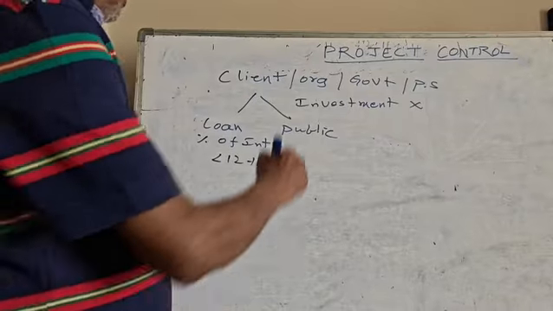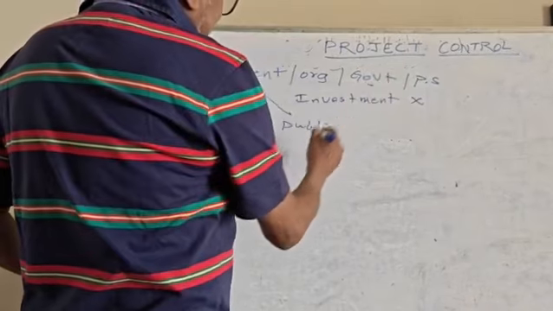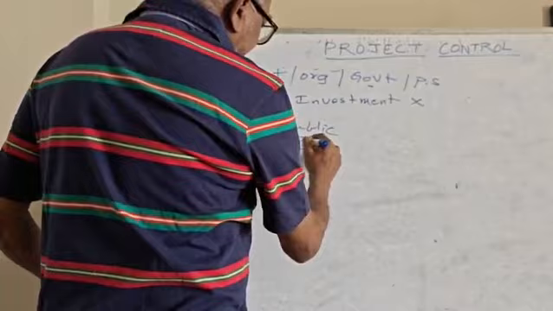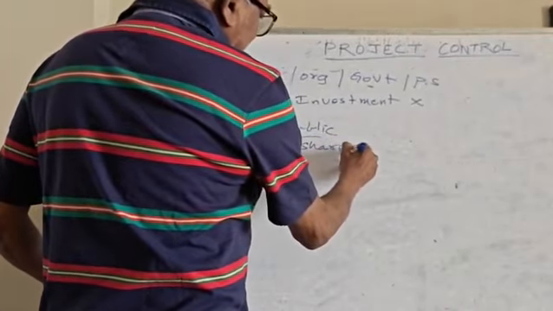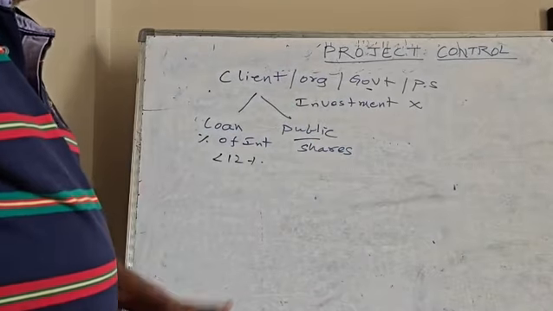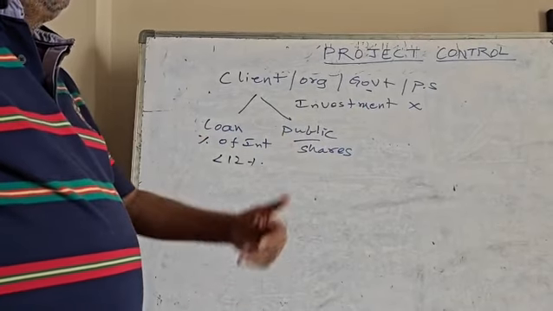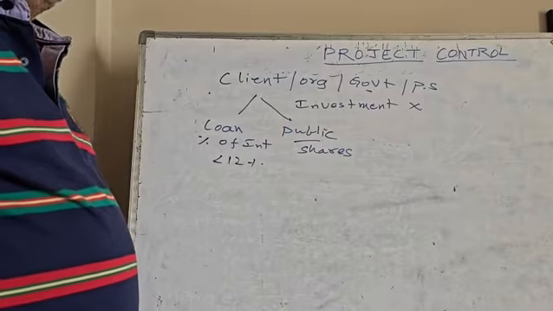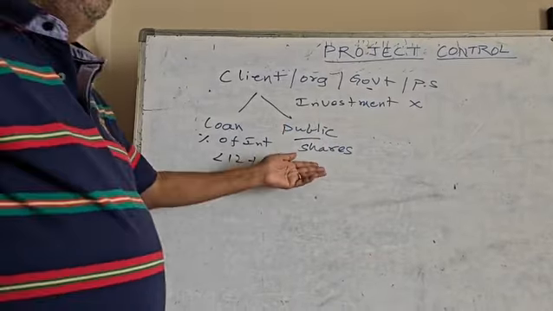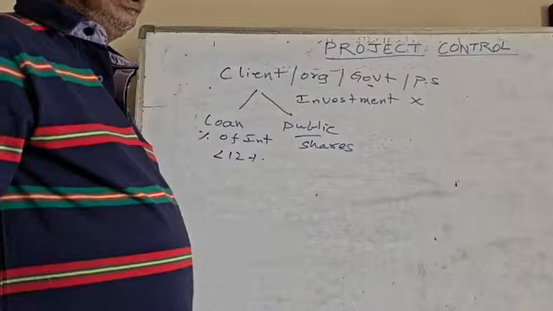Otherwise, what the client or even government will do is, they will go to the public shares. They will open the shares of that project at the rate of maybe 10 rupees or 20 rupees or 25 rupees, or sometimes premium shares will be there at the rate of 1,000, 2,000 like that.